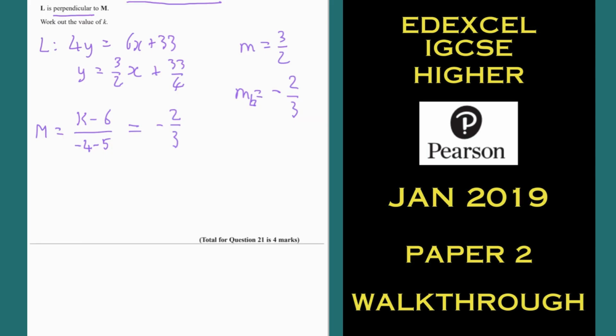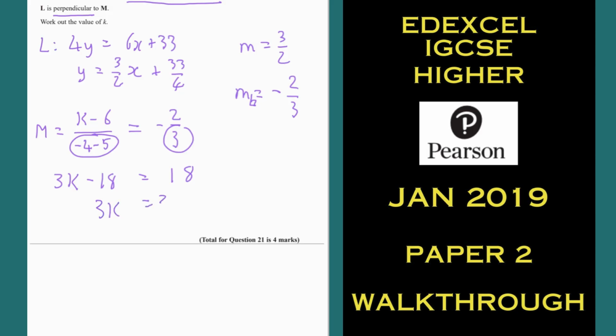So I'm going to multiply both sides by 3 to get rid of that. On the bottom here, we've got negative 9. I'll multiply both sides by negative 9. And there we go.